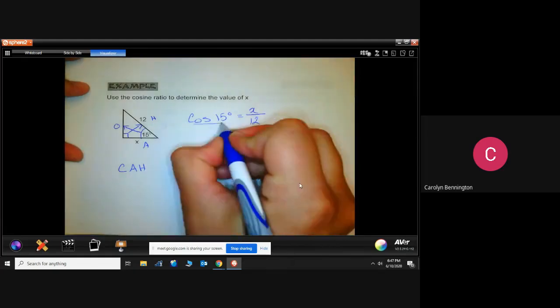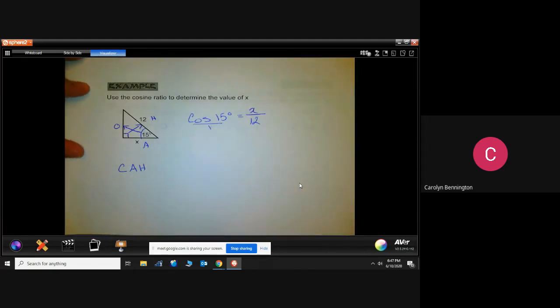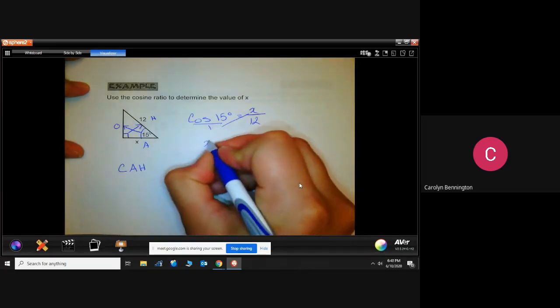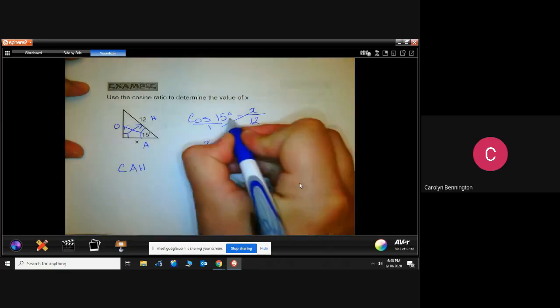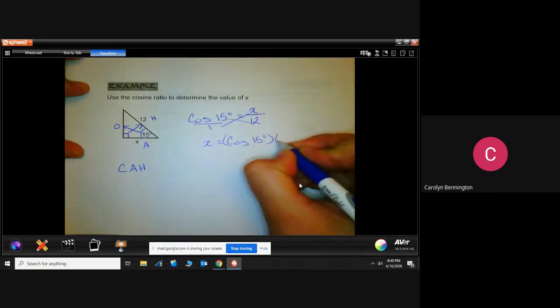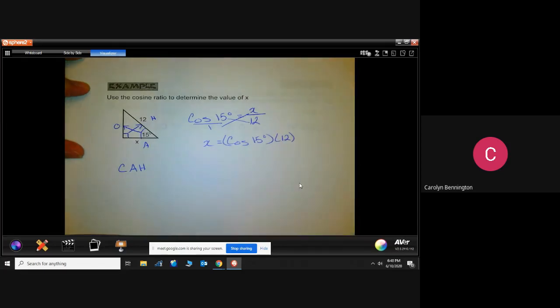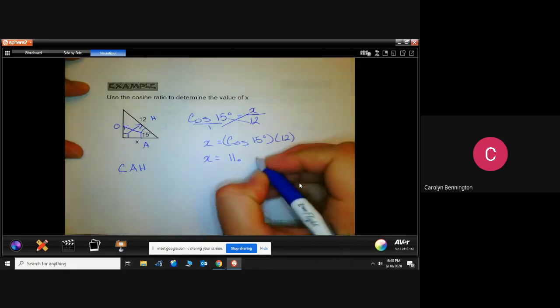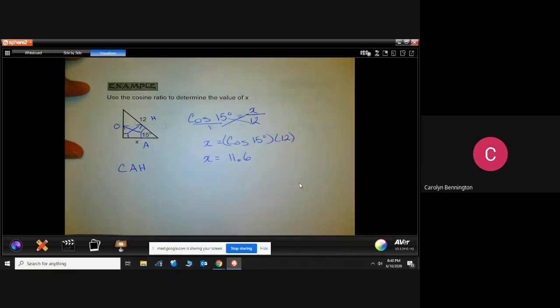So again, I'm going to put a 1 underneath our cosine 15 and cross multiply. So 1 times x equals x. And then we'll have cosine of 15 degrees times 12. So type that into your calculator, cosine of 15 times 12. So our x equals 11.59, so 11.6.